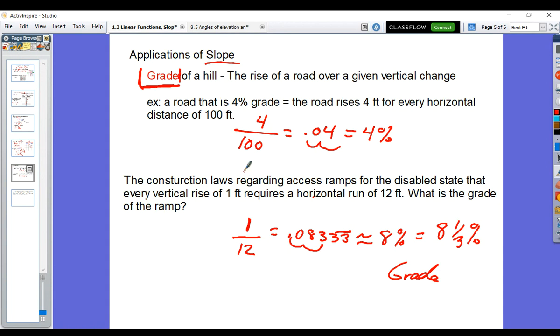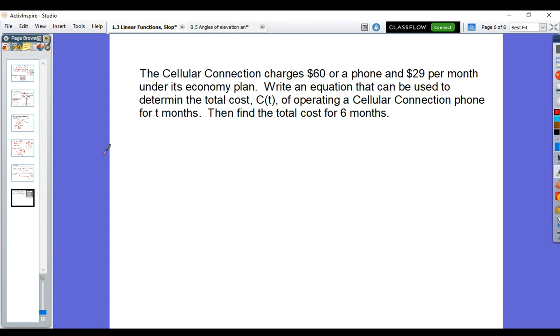Okay. And our last little way we can apply this is in possibly money. We all like money. Let's talk about money here. So a cellular company charges you $60 for a phone and $29 per month under this certain plan. Now we have to write the equation first. So when writing the equation, we're looking for slope and y-intercept.